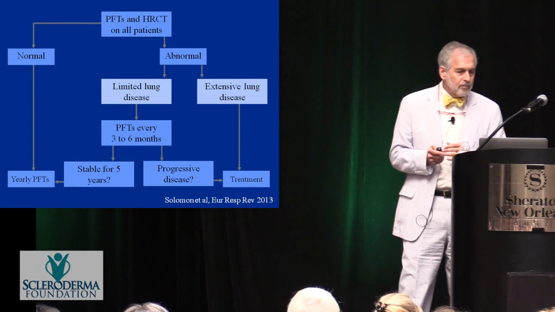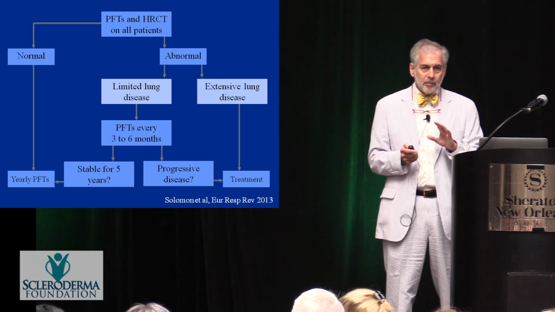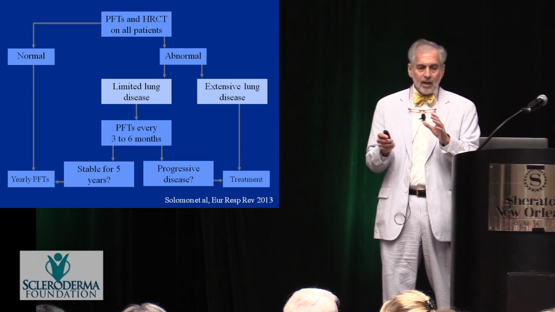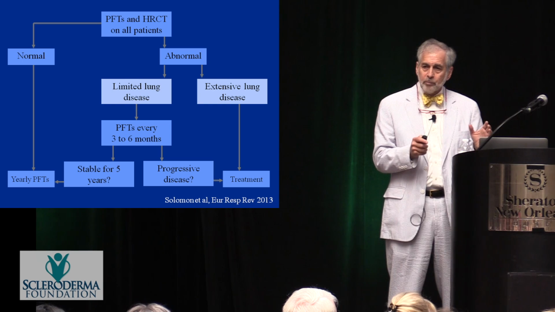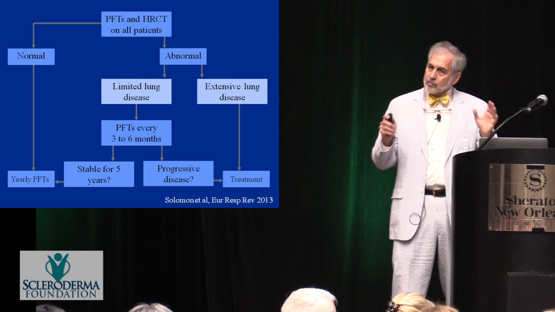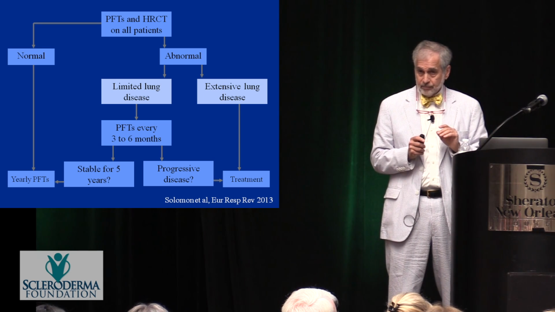So this doesn't show up very well because of the colors and the light here, but this is an algorithm that has been suggested that we use. At baseline, in a patient with shortness of breath, we get tests including PFTs and a CAT scan. And if those are normal, fine, we say come back and we'll do your breathing test in a year.